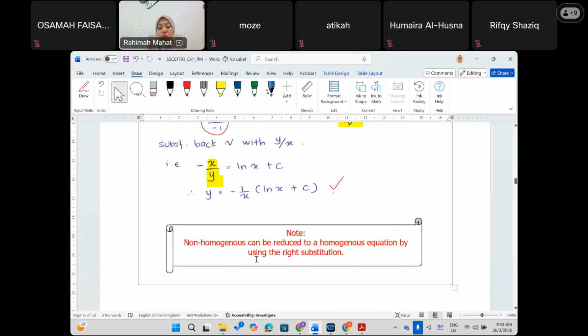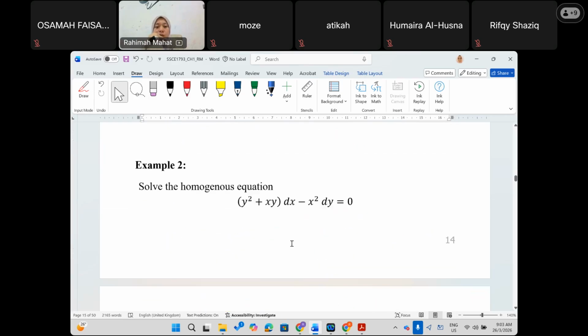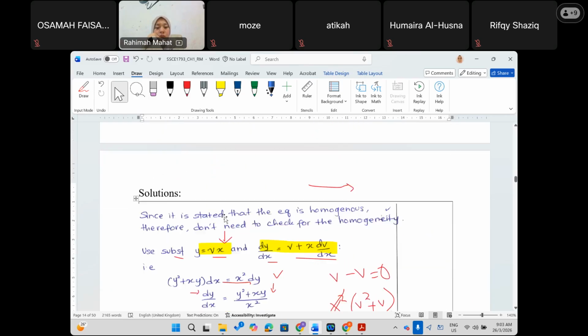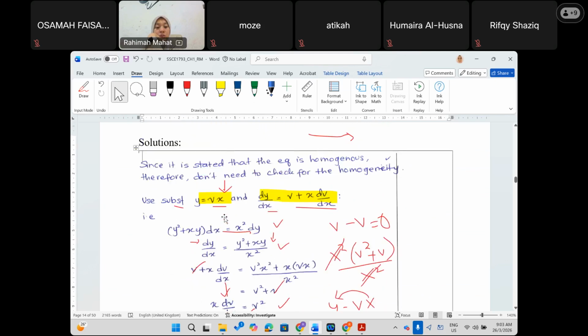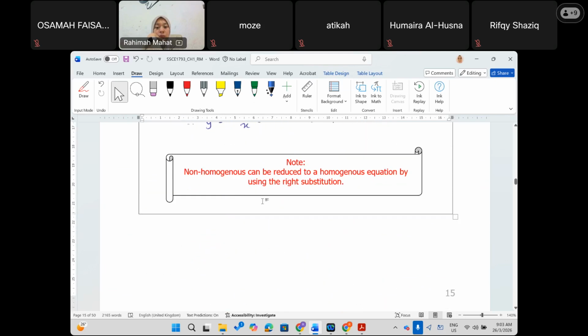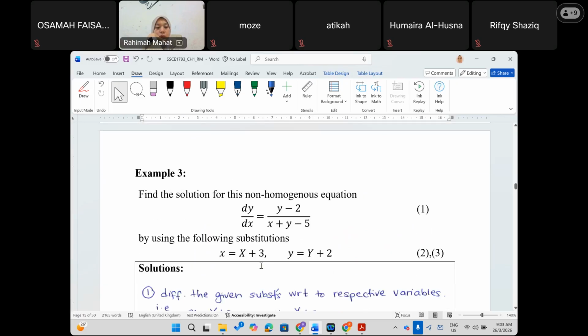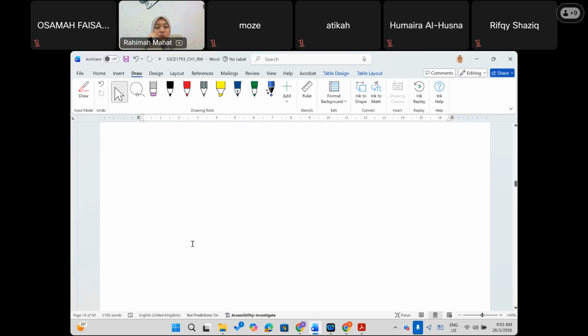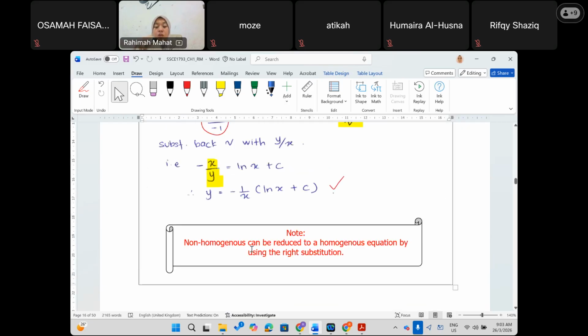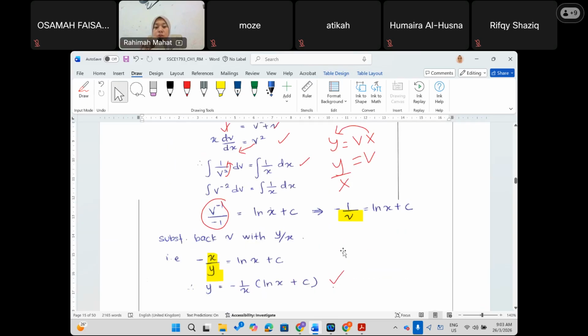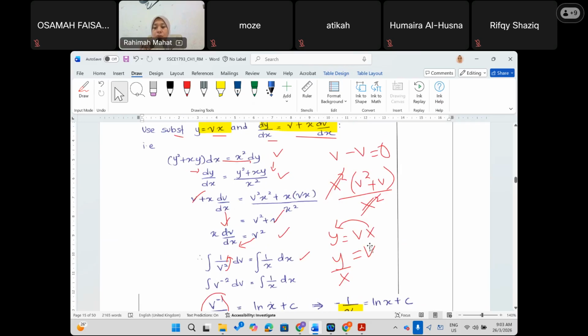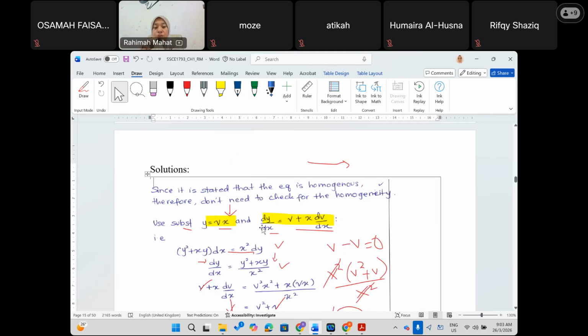Note that the non-homogeneous can be reduced to a homogeneous equation by using the right substitution. Because this one is homogeneous, you can just solve it by the homogeneous method. This note is for the next slide, the next example. Non-homogeneous can be reduced to a homogeneous equation by using the right substitution. Have you done copying the notes given? Or maybe you can refer to the video later.